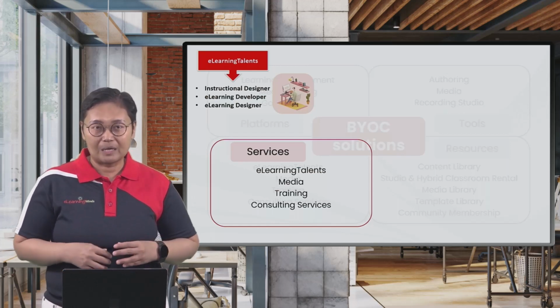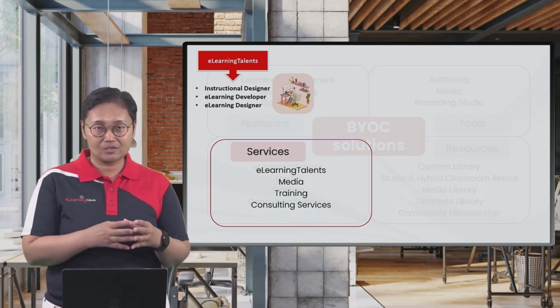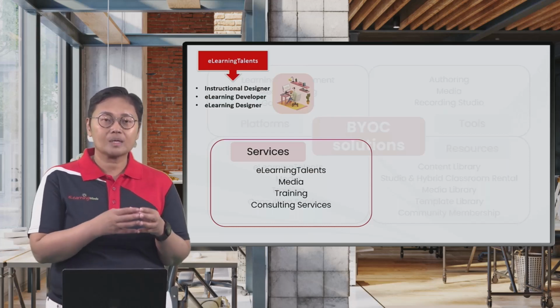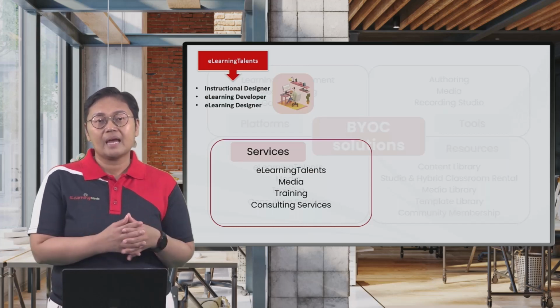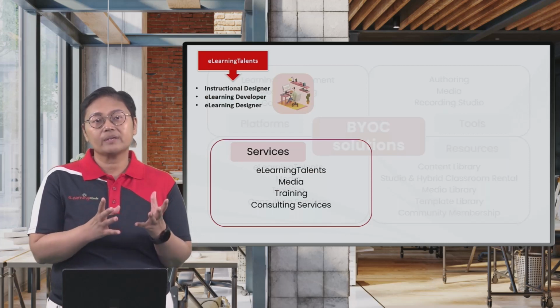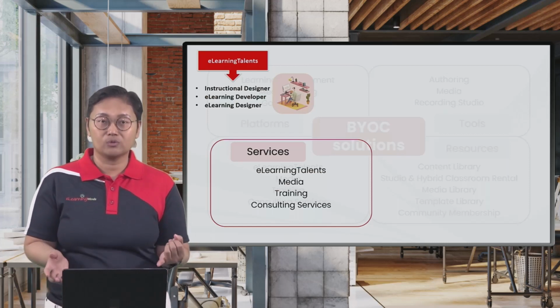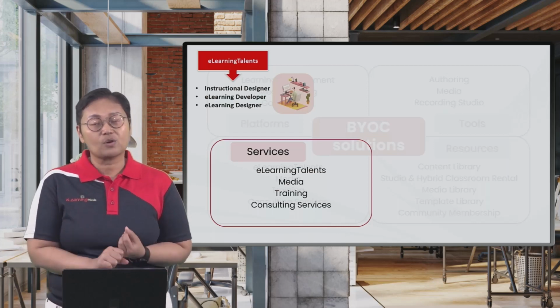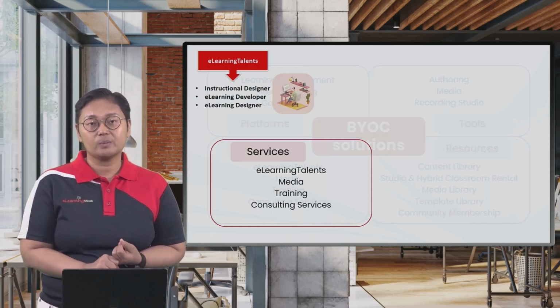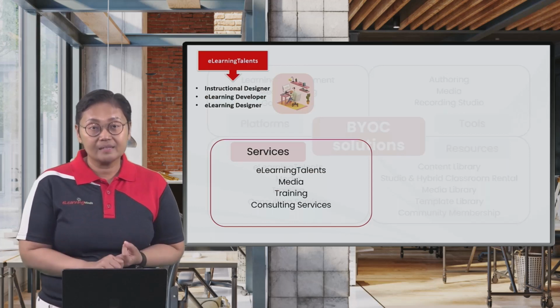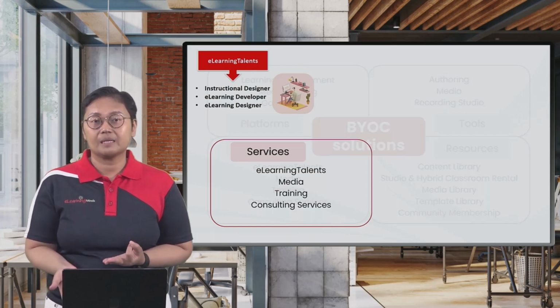We are setting up an e-learning talents trooper, all right? They work together with the SME, and they are already equipped with the right hardware, like the right notebook, and all the required software will be with them, okay, and the skill, all right, they have the experience in developing content.